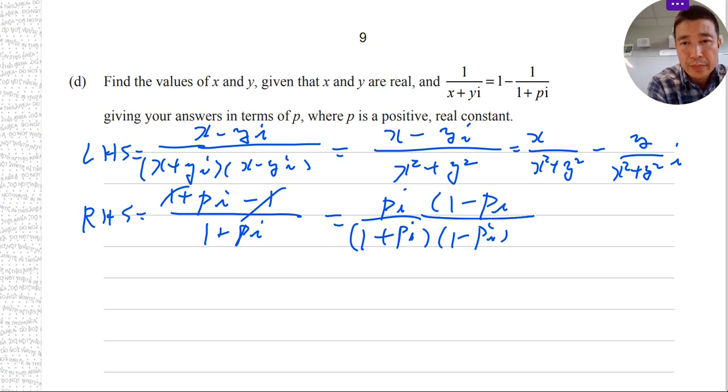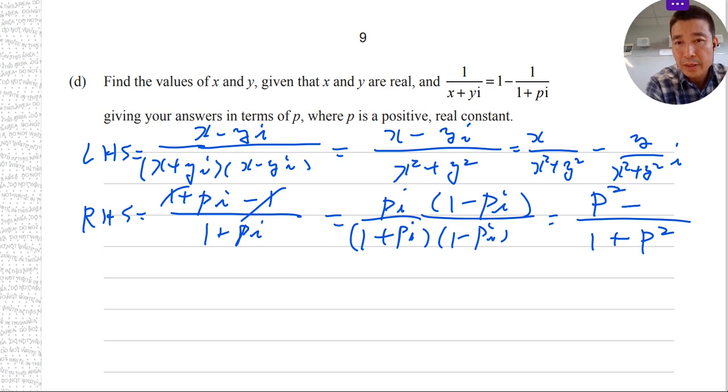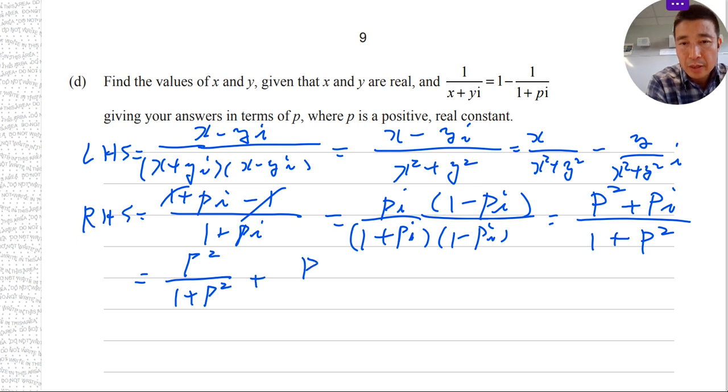What I've got on the bottom is 1 squared plus p squared. And for the top, I have to write the real part first, so p squared and then plus pi. If I split them, I have p squared over 1 plus p squared plus p over 1 plus p squared i.